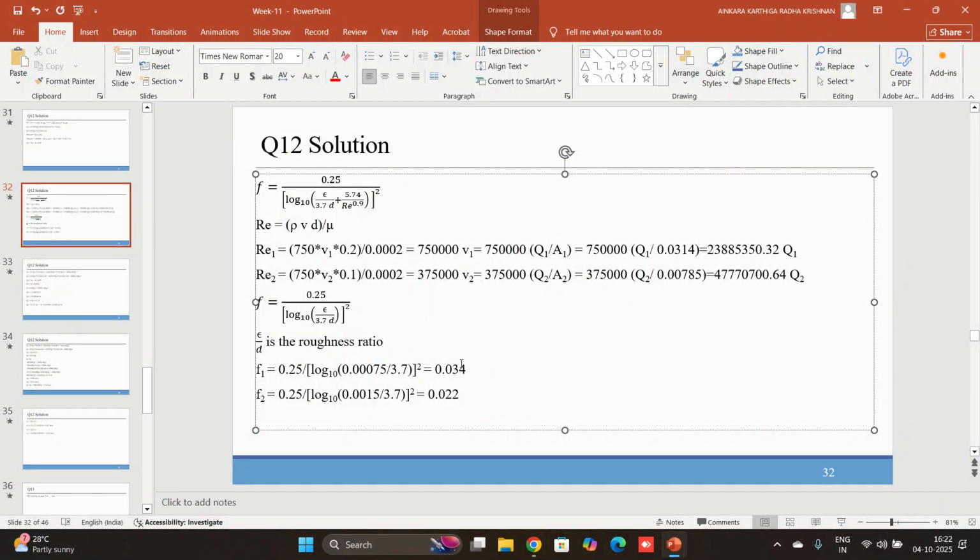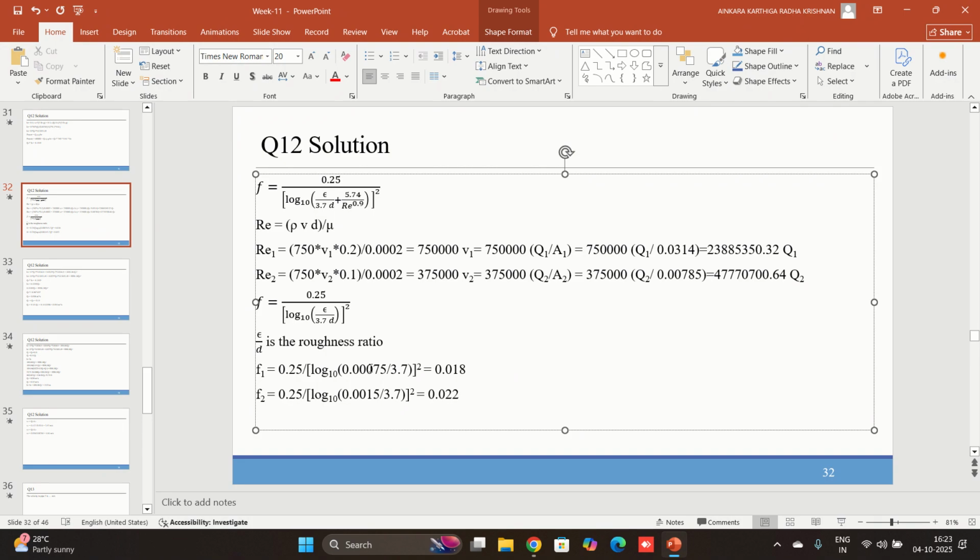So it actually changes, it is 0.01832. And the other thing remains the same, 0.0015 divided by 3.7, log, and then square, 0.25 divided by answer, 0.0217 or 0.022.